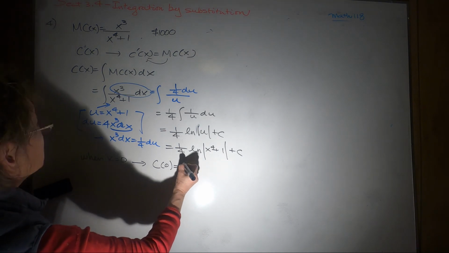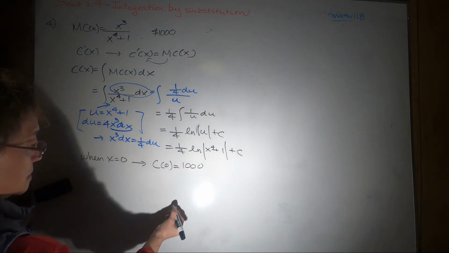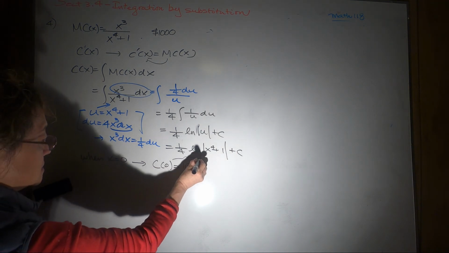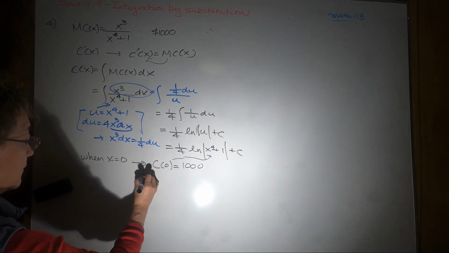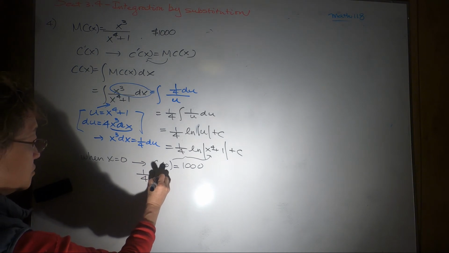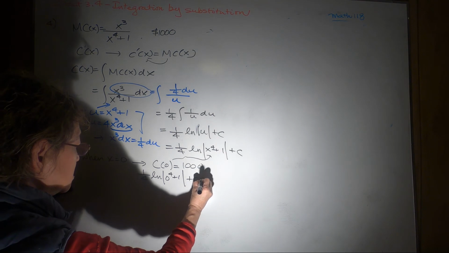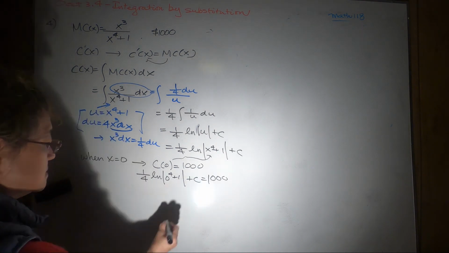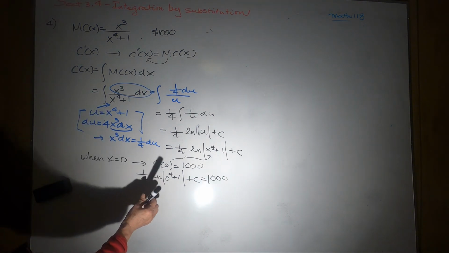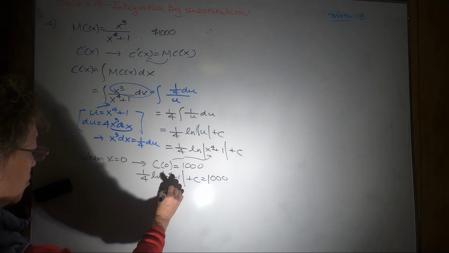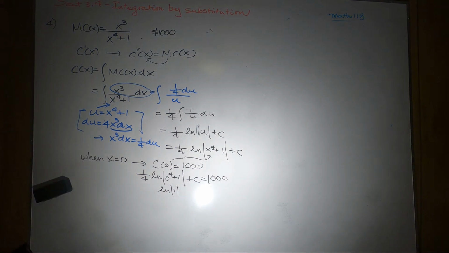You're supposed to get what? 1,000. So you plug in 0 for x. So what do we have? 1/4 natural log of 0 to the 4th power plus 1, plus c equals what? 1,000. Then 0, so that will be what? Natural log 1. What is natural log 1?